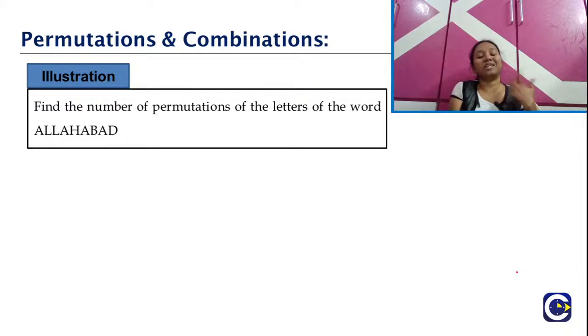So you have to first know how many letters there are, and then apply the formula which you have discussed, to get the number of permutations. So let's read out the question, guys, and quickly do it and let me know the answer.